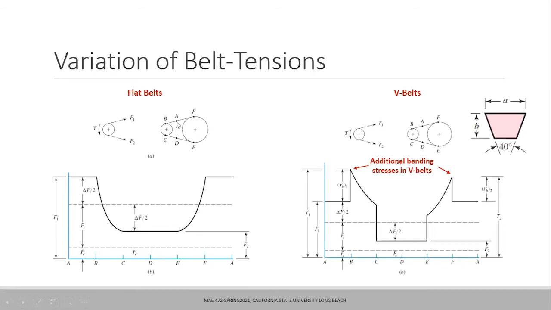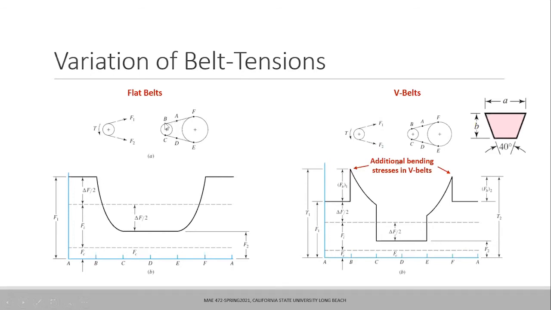At point A, the tension is F1, which is the tight side tension, assuming the tight side is the top. If I move from point A to point B, the tension in the belt remains the same, F1.